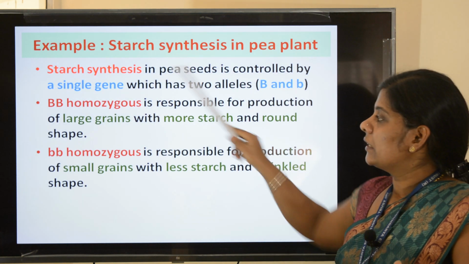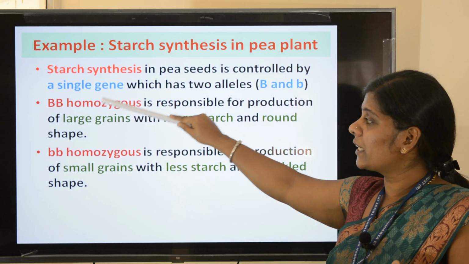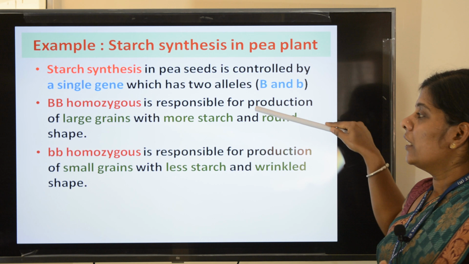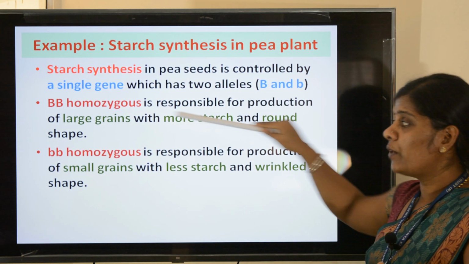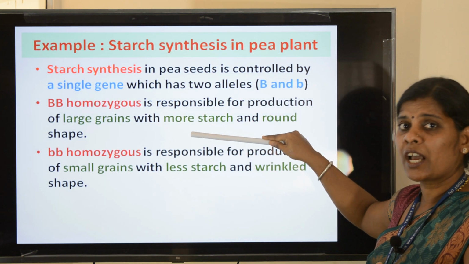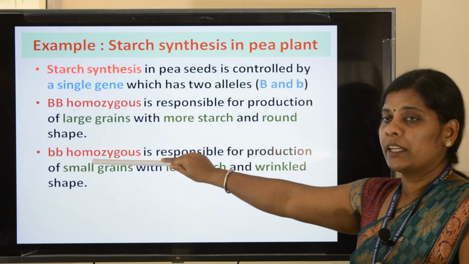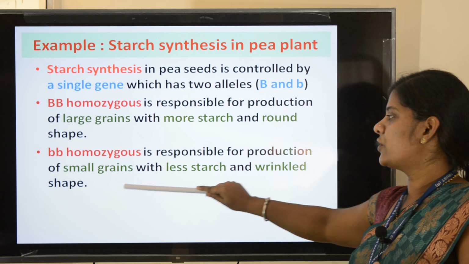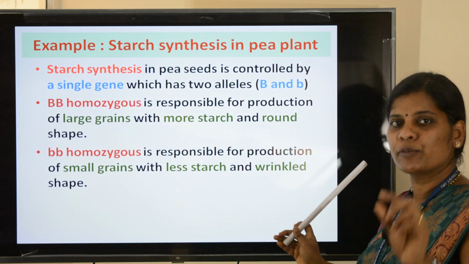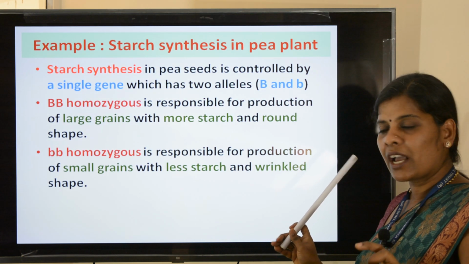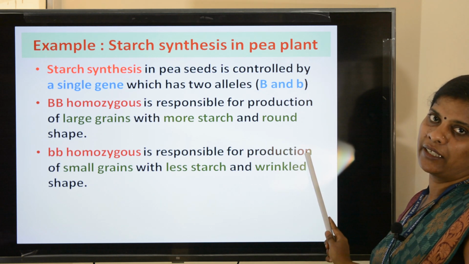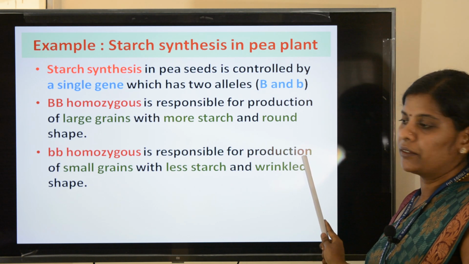Listen carefully. In homozygous dominant condition, it is responsible for production of large grains with more starch and the shape is round. In homozygous recessive condition, it is responsible for production of small grains with less starch and the shape becomes wrinkled.